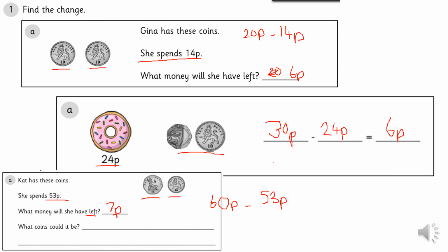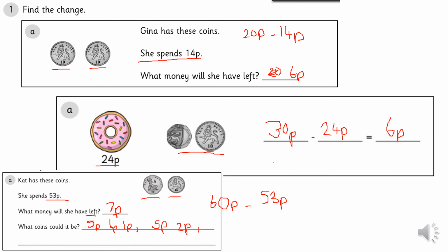What coins could it be? So this is where we need to think about the coins and what combinations could make 7p. So she could have a 5p, a 1p, and a 1p. She could have a 5p and a 2p.